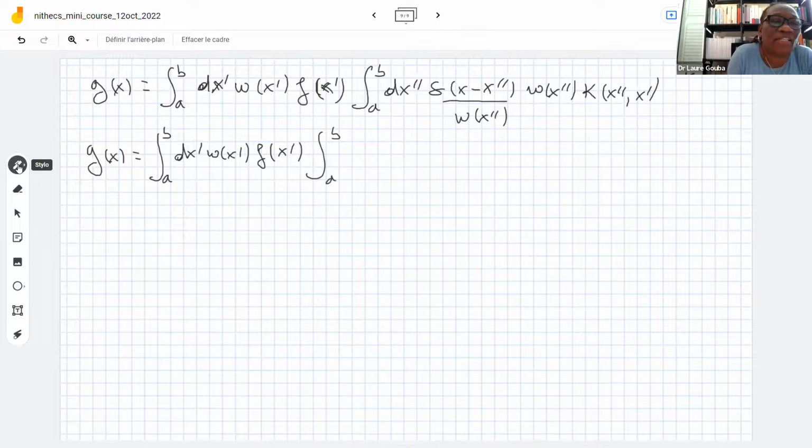Then you can see that those expressions can go away. I can cancel that. Then it will remain dx second delta x minus x second k of x second x prime.